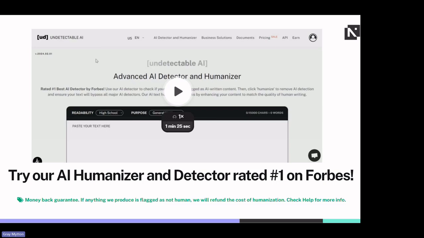So you can see I've got the different ones here. GPT-0 has got a yellow, OpenAI has got a green, which is a bit concerning because we know that this is AI written content. Quite a lot of them are saying that there is around 50% human and 50% AI detected in here when we know it's 100%. So that's quite concerning initially.